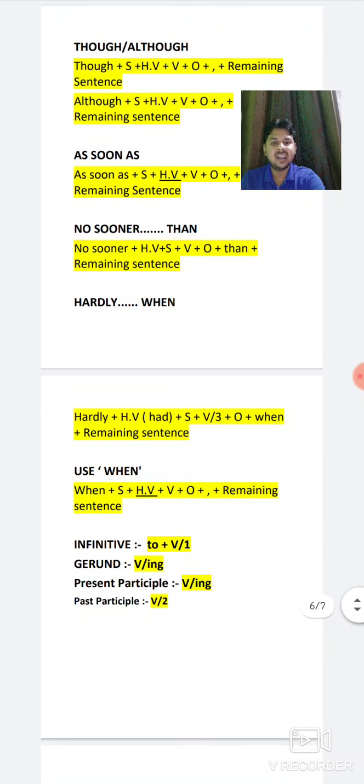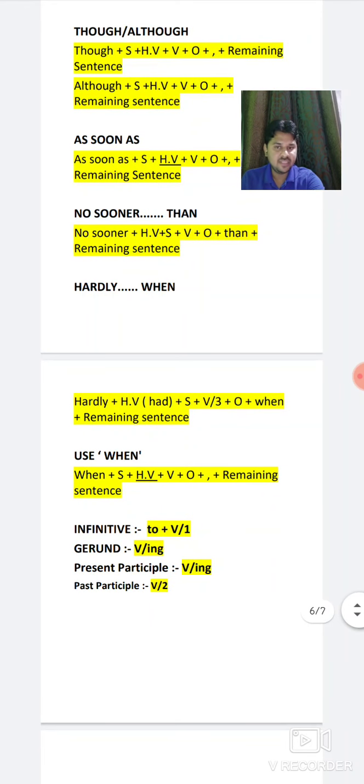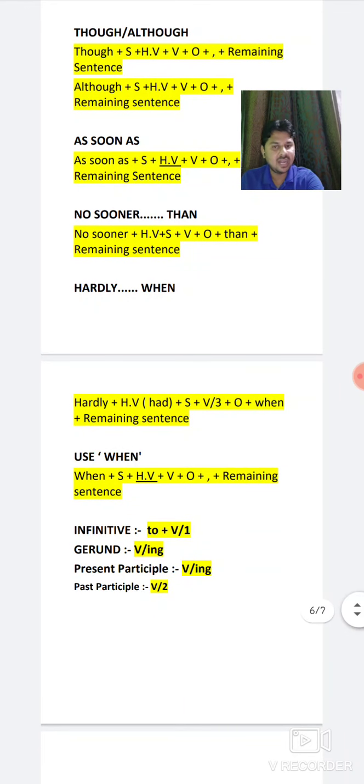Look at "hardly when", the third one in that group of topics. Look at the structure. First of all, start your sentence from "hardly". After "hardly", only one helping verb is used in the sentence, that is "had". Sometimes instead of "had", another helping verb is given in the sentence; whatever it is, remove it and use only "had".